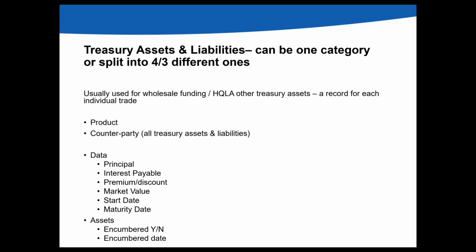So we do capture slightly different data elements, but fundamentally we've got the same. We are still capturing the product definition or the instrument definition for each treasury trade, and also the customer definition for treasury items. That customer definition is held at an individual counterparty level.